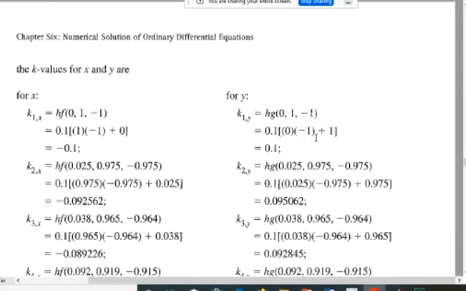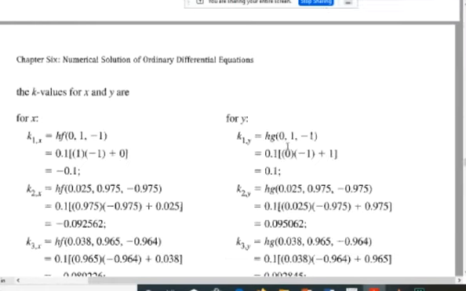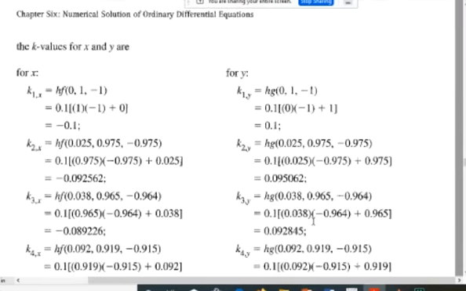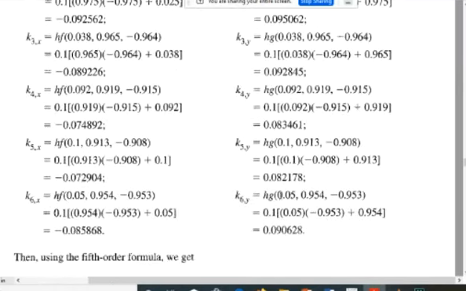We can compute the k2x and k2y based on the values of hf. We have hf, f is actually this one, and j is the values of k2, k3 for both, and x1 is computed as well, k6, k6y.